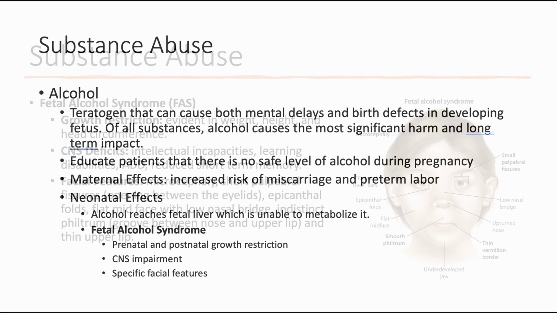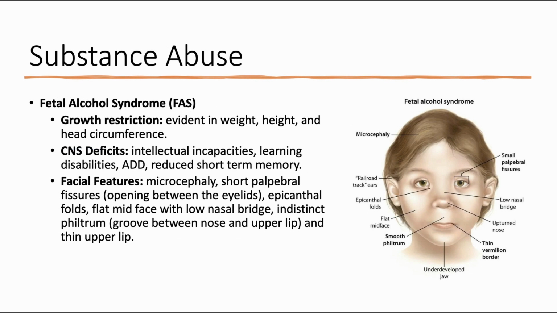Right, so those are the facial features. We'll get to that. Growth restriction in their weight, height, and head circumference. CNS deficits, intellectual incapacities, learning disabilities, ADD, issues with their short-term memory, and then they have these specific features, right?